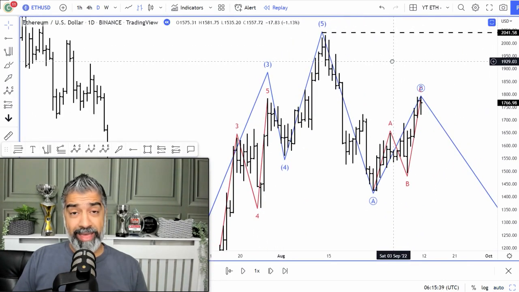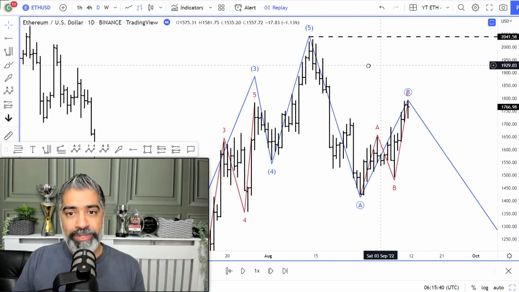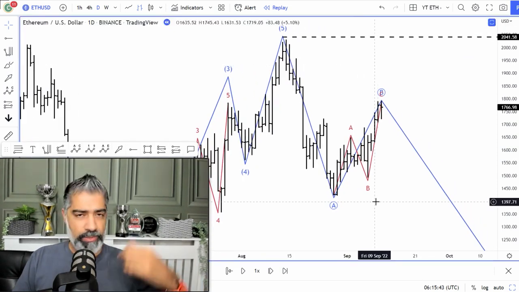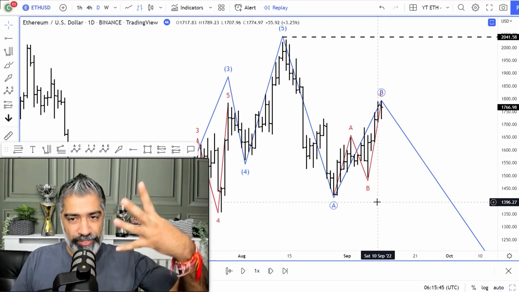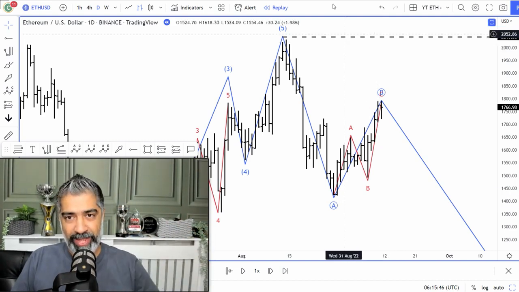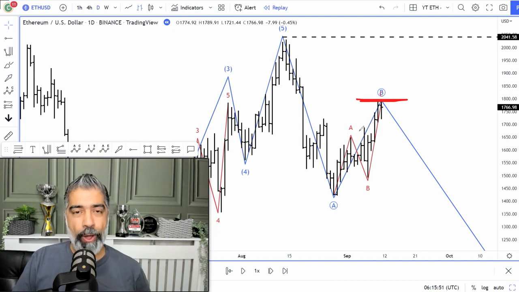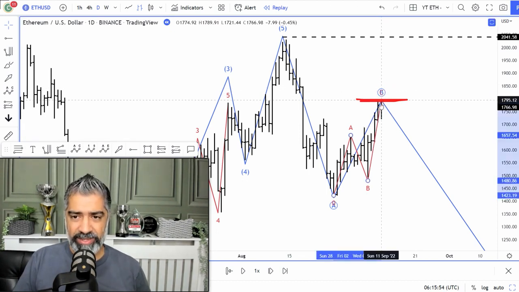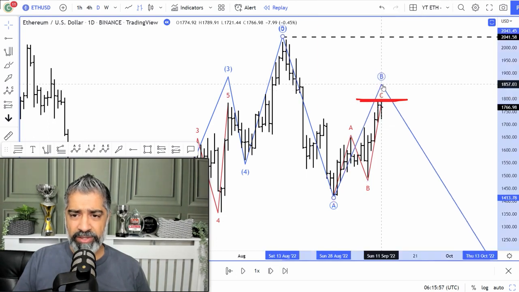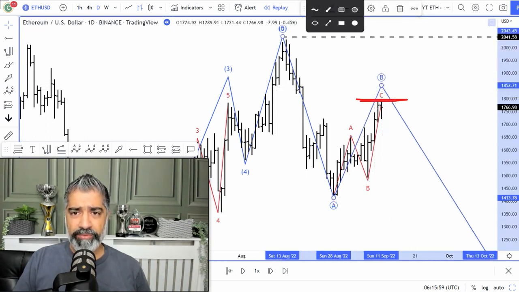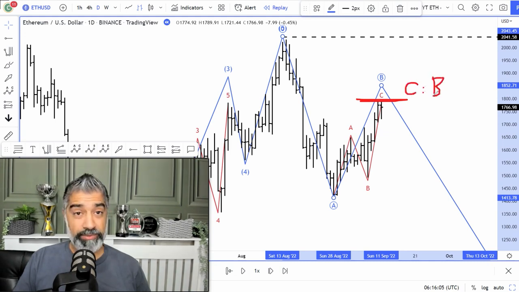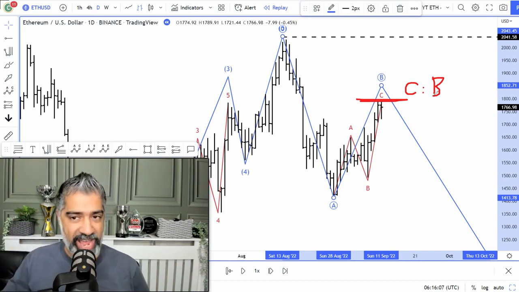When I was looking at this, how do we use this? How do we make money from this? I use momentum. Basically, I used the 4 secrets to look at this. And I said, okay, this looks like an A, B, C of a B. So that's how you would say it in a sentence. There's an ABC correction. So this becomes a wave C of a wave B. Right? That's how you would say it if you're writing it down, or you're talking.